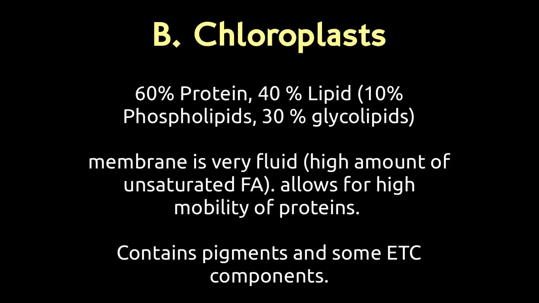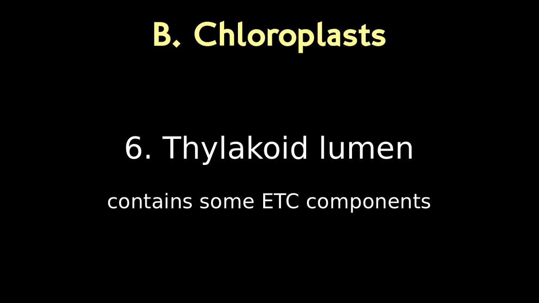So in these membranes we have pigments, such as chlorophyll, but other things sometimes such as carotenoids, but predominantly chlorophyll, and some electron transport chain components are here as well. Now the inside of this, we have the thylakoid lumen.